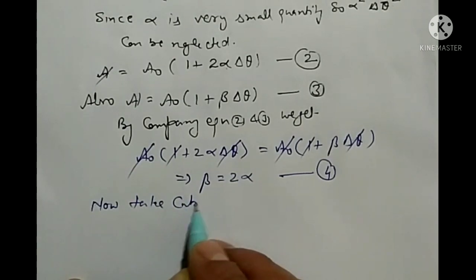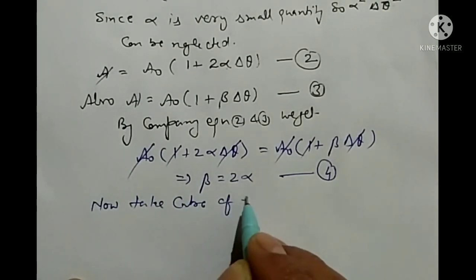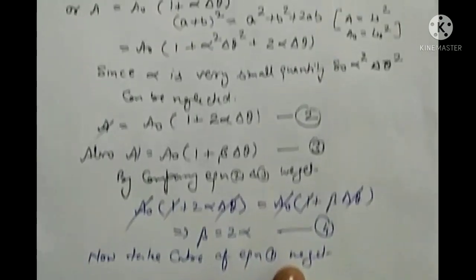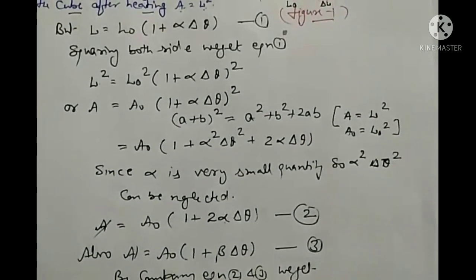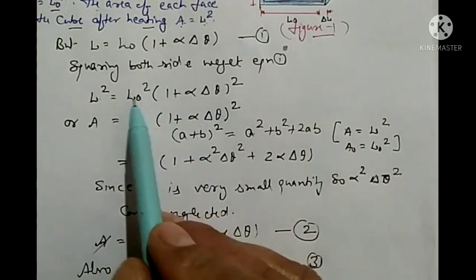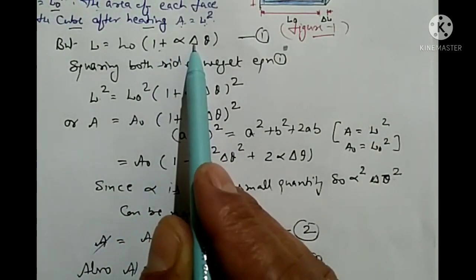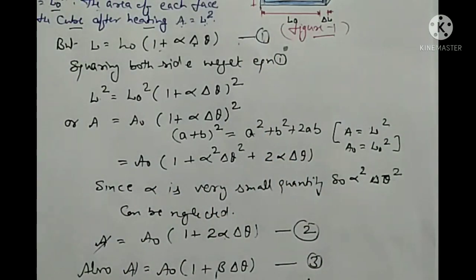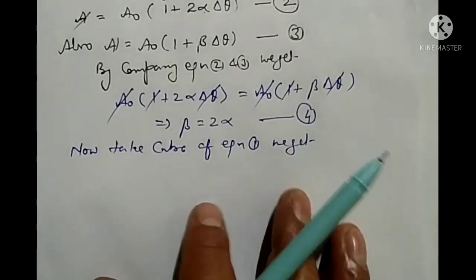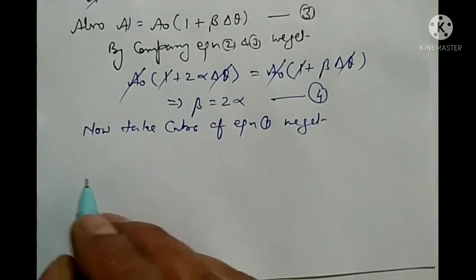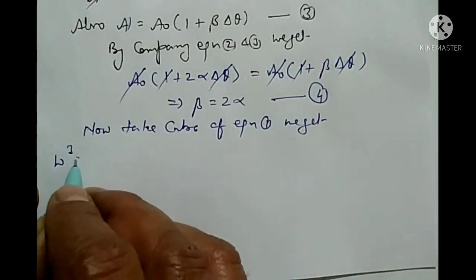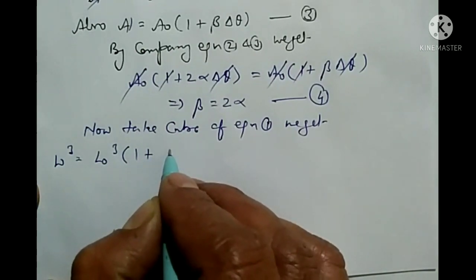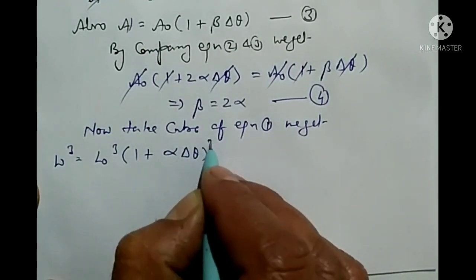Now take the cube of equation 1. By taking the cube of this equation 1, we get L cube is equal to L naught cube into (1 plus alpha del theta) whole cube.